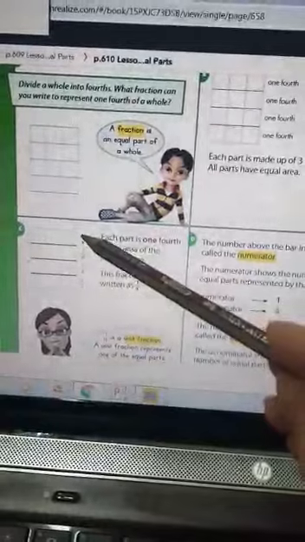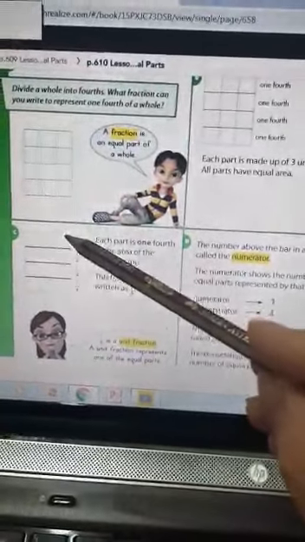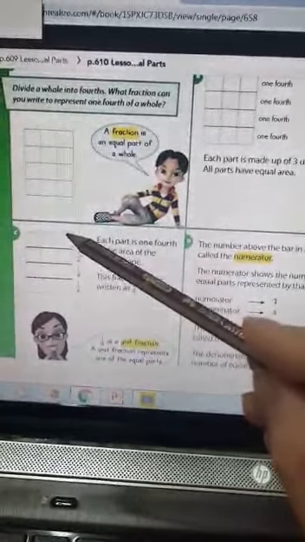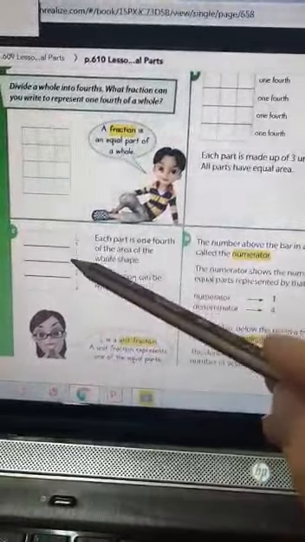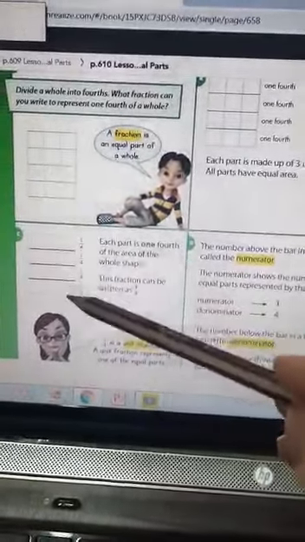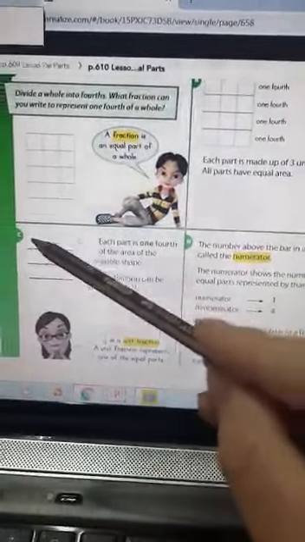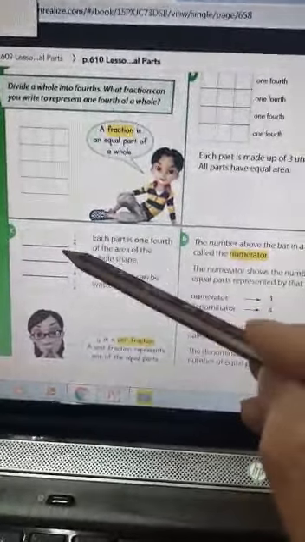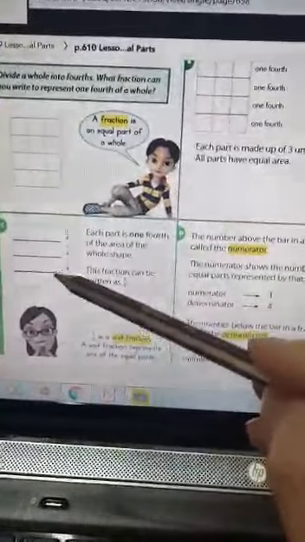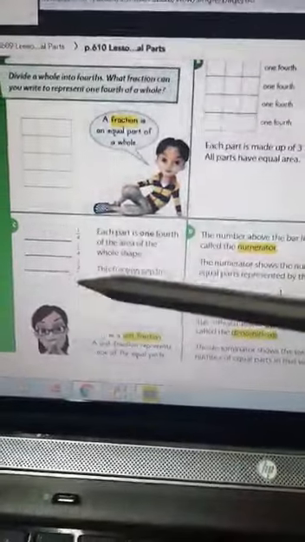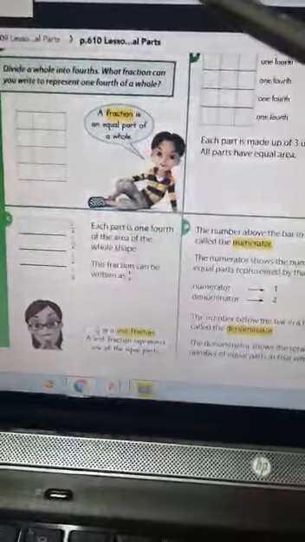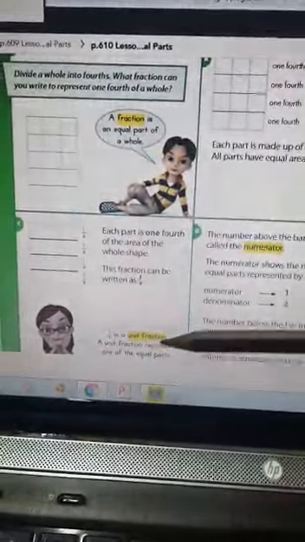So again, this one, it means you are having 1 here, 1 also here, 1 also here, and the last one here. So these are all 4, but only this part is 1. 1 from 4 equal parts. Again, they should be equal. So this is the meaning of unit fraction.